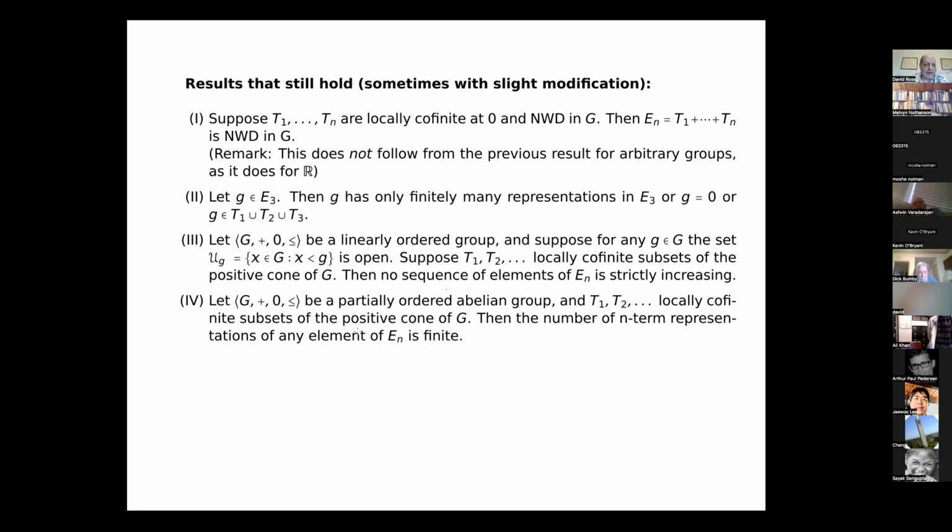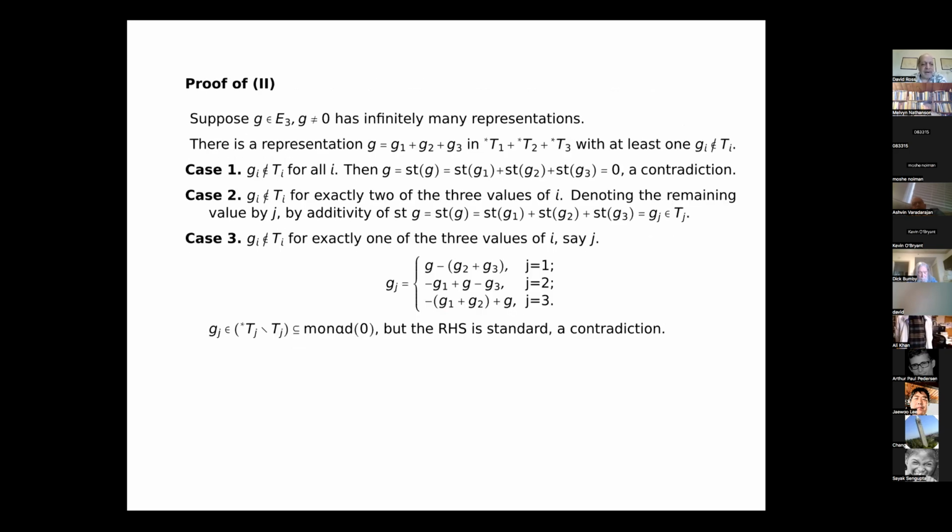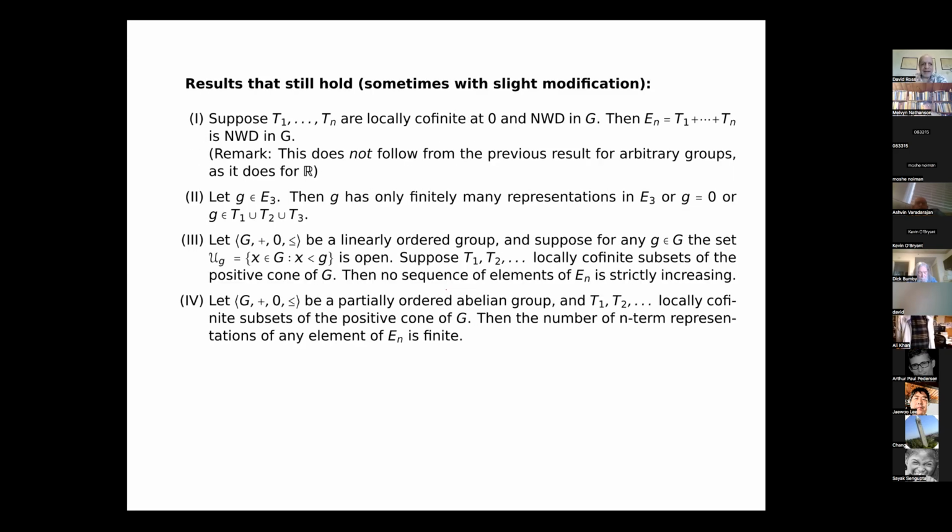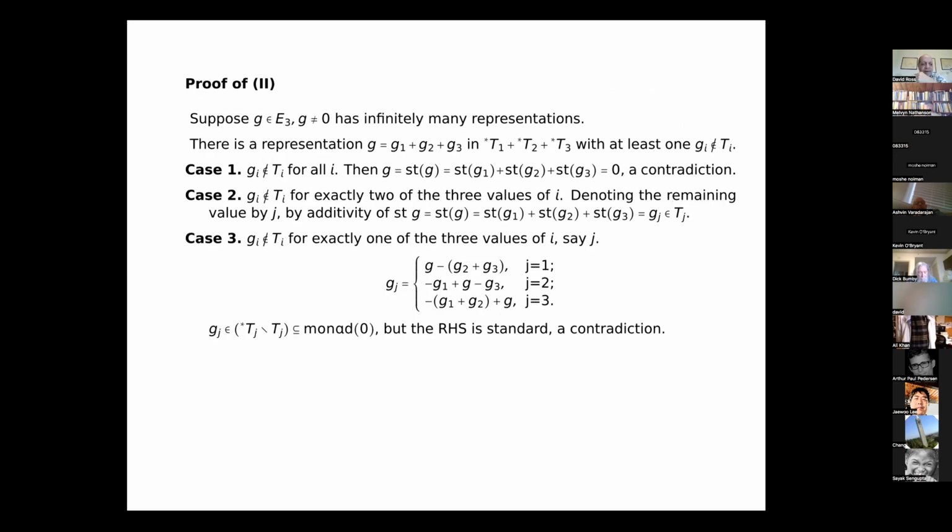For two, I've got a couple of these. For two, we want to prove that if you take any element which is in E3, a sum of three of these fractions, then either it's 0, or it has only finitely many representations, or it's in one of the original sets. So here's how a proof of that would go.